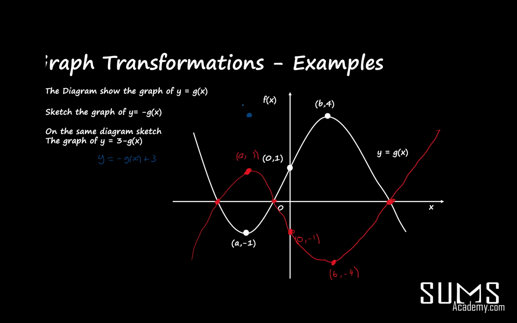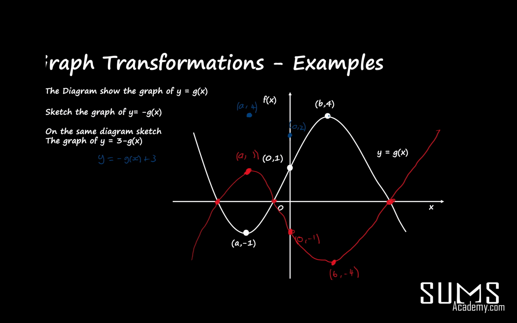So this is going to become a, 4. Okay. And this negative 1 here, so this was 0, negative 1 from the negative g of x. When you add 3 to that, it's actually going to go negative 1 plus 3 is 2. So this is going to go here as 0, 2.